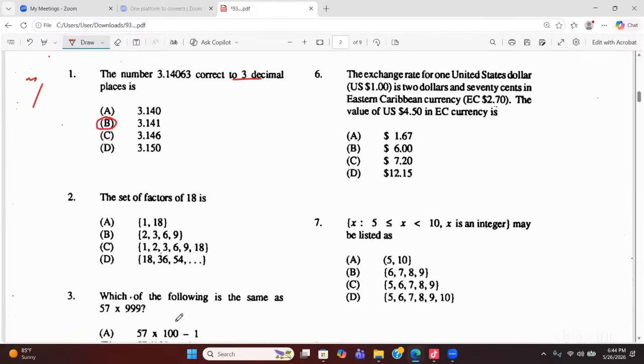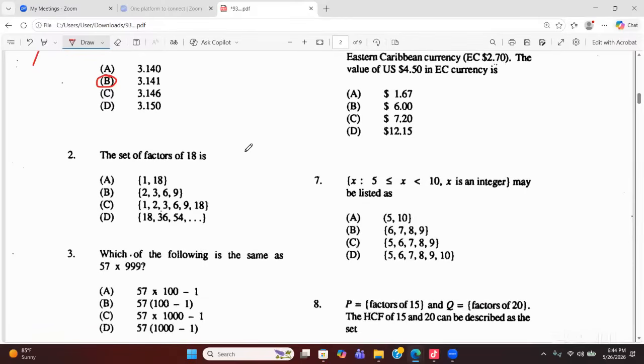Let's take a look at number two. It says the set of factors of 18. I'm going to list the factors of 18. So factors of 18 are numbers that can go into 18 without leaving a remainder. For example, 18, 9, 6, 3, 2, 1.